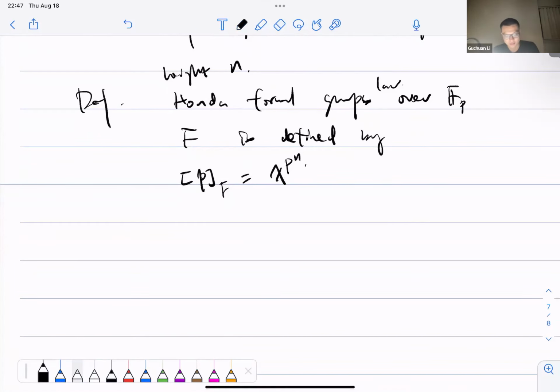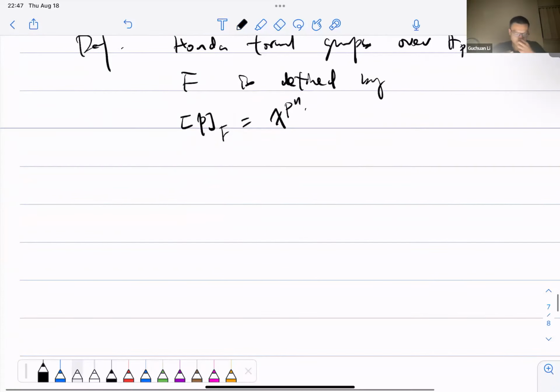So the height definition just follows from the p series of it. So that's the definition for the height. We will see this is related to complex cobordism and the Brown-Petersen theory in a minute.